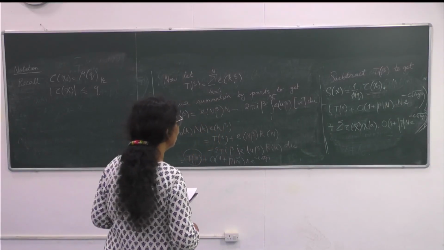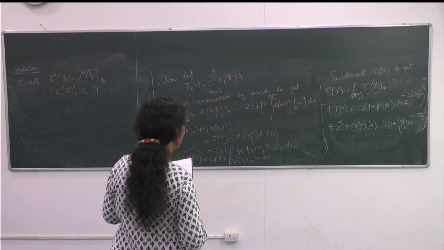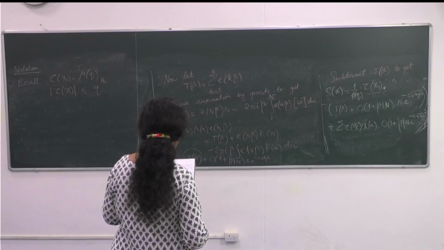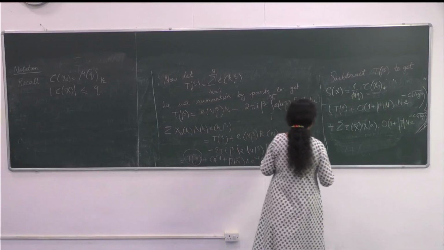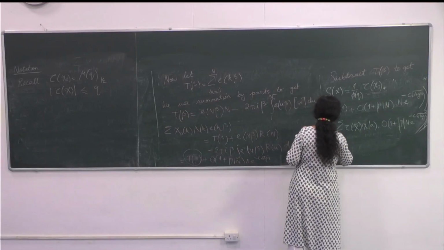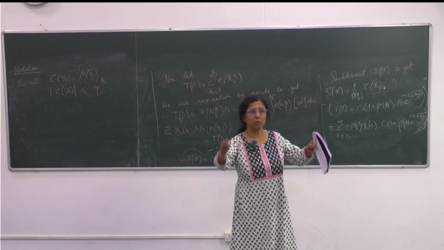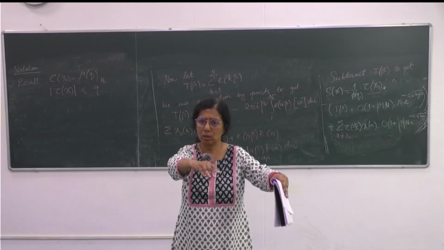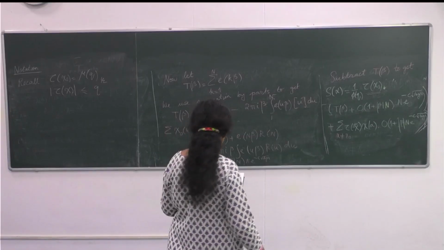Which last sum? This is where chi is different from chi naught. There are two things: when chi is equal to chi naught and when chi is different from chi naught.